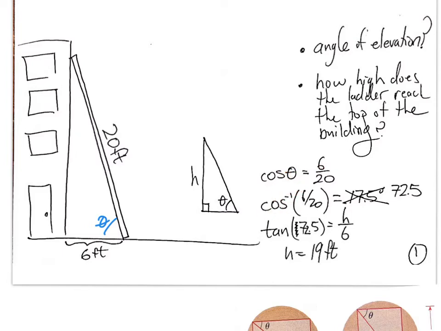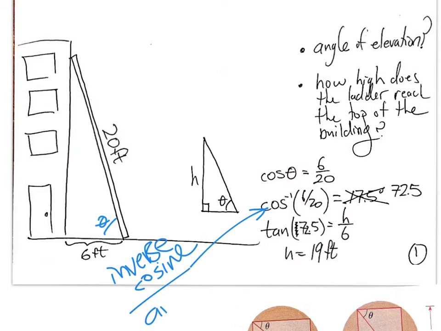In which case the inverse cosine, or arc cosine, same thing, of 6/20 gives us the angle.